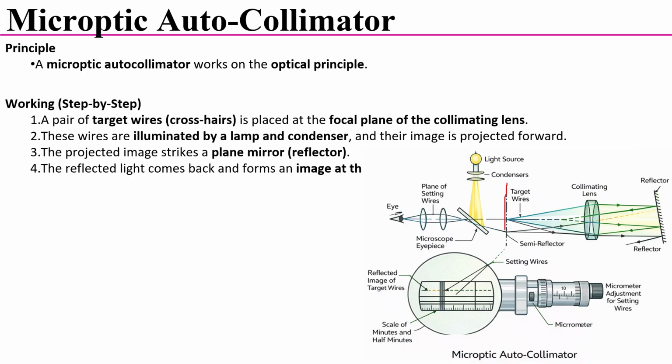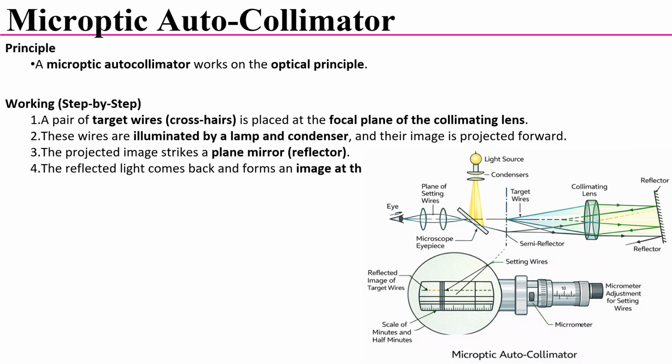So this is the focal plane of the collimating lens, and here we have to place a pair of target wires, which we also call the crosshairs. These target wires are placed at the focal plane of the collimating lens.